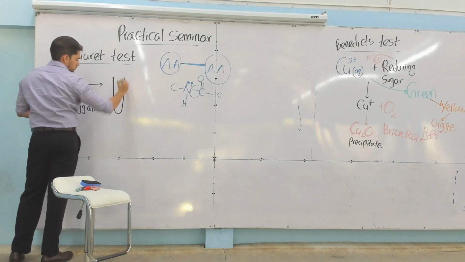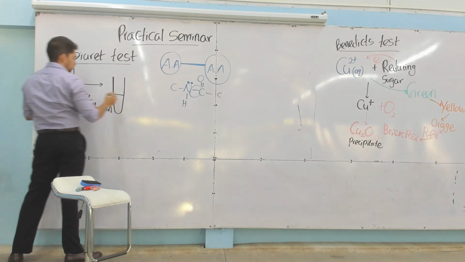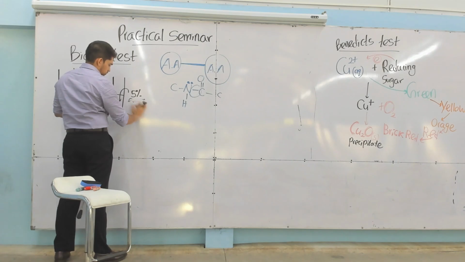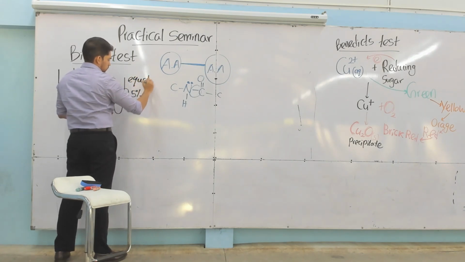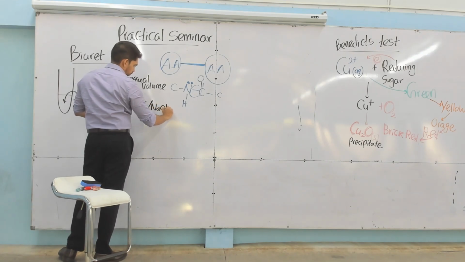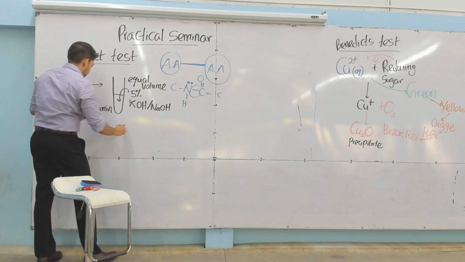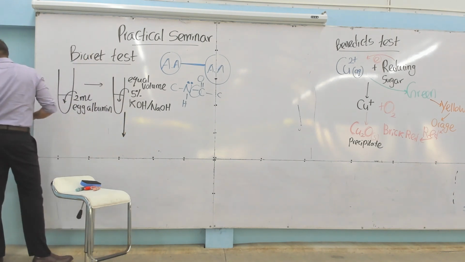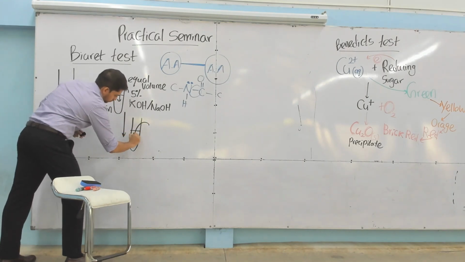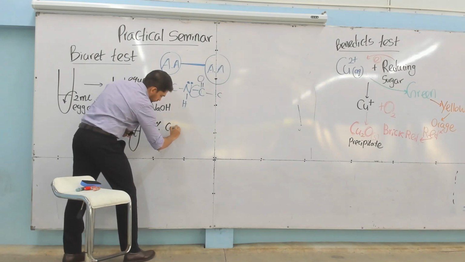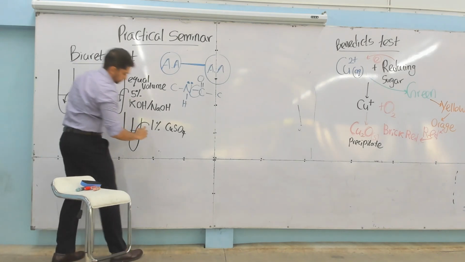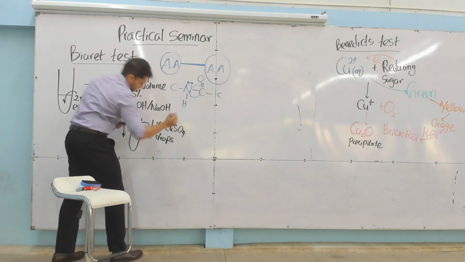Then you add an equal volume of 5% KOH or NaOH. Then what do you do? 2 drops of 1% copper sulfate, CuSO4. How many? 2 drops. Okay, 2 drops of copper sulfate.